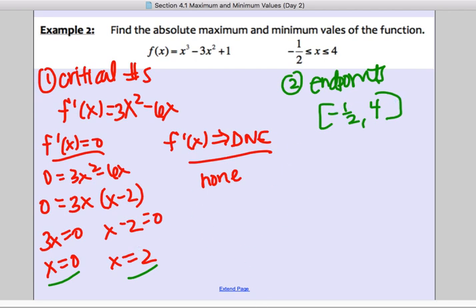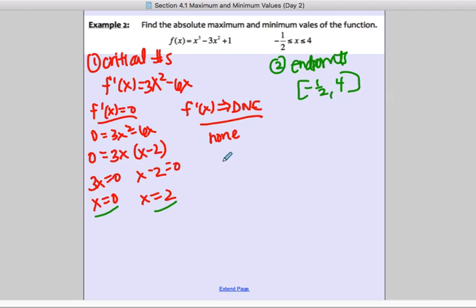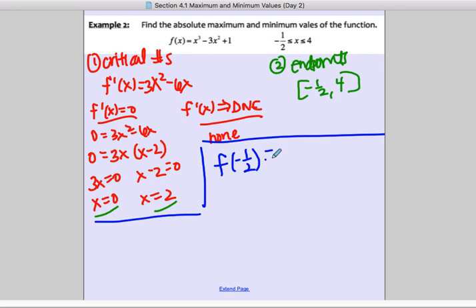Then we plug all 4 numbers into our original function. I like to go in order. So our smallest number is -1/2. Then we go to 0, then 2, and then 4.